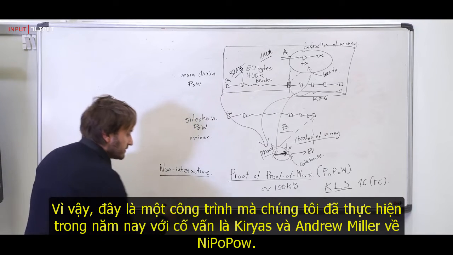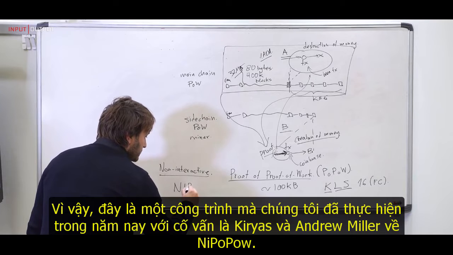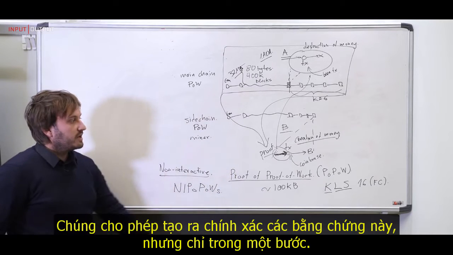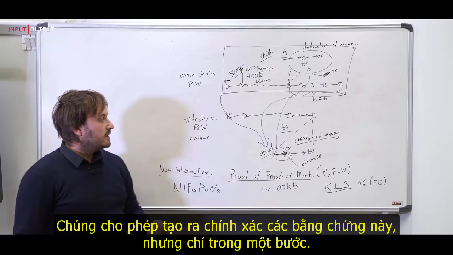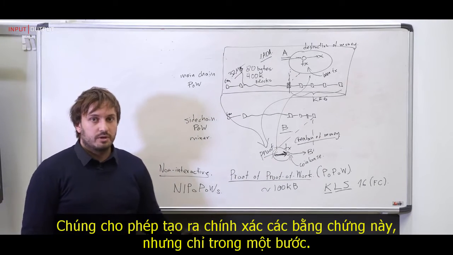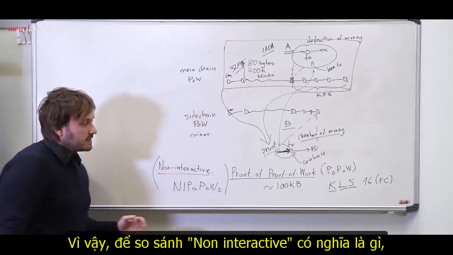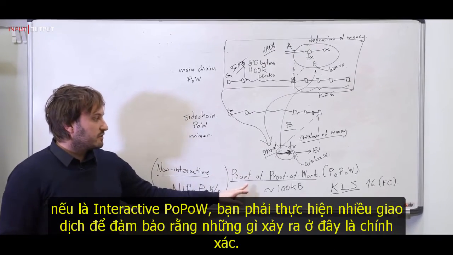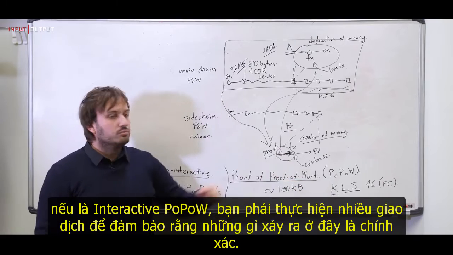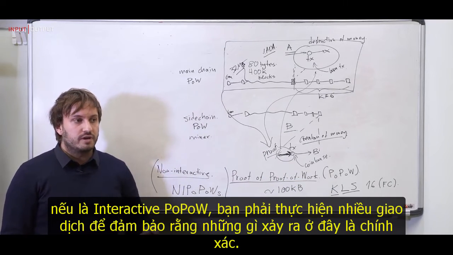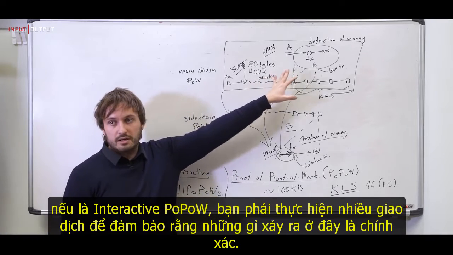And non-interactive proofs of proof of work, or NIPoPoWs, they allow the exact creation of these proofs, but in just one step. So to compare what non-interactive means, if you have interactive proofs of proof of work, you may need to do multiple transactions to ensure that you're proving that this took place correctly.